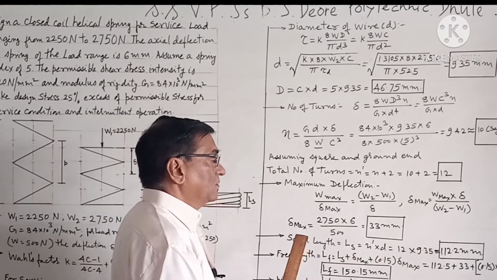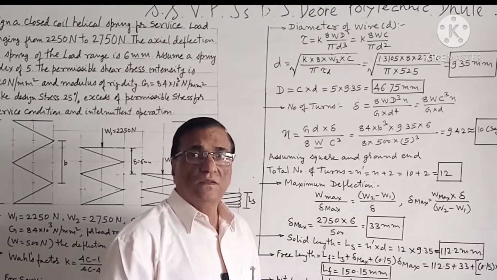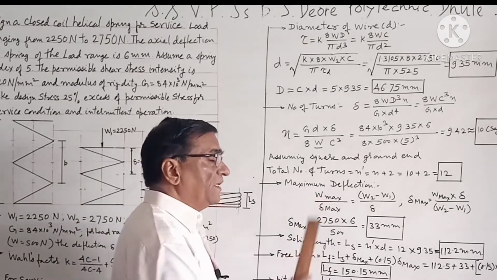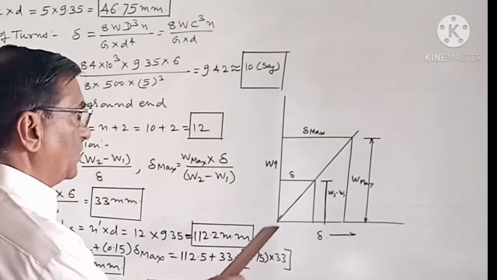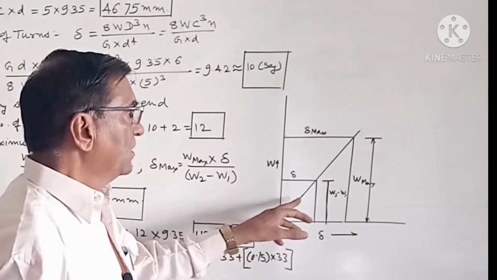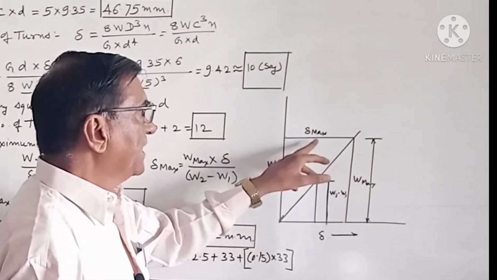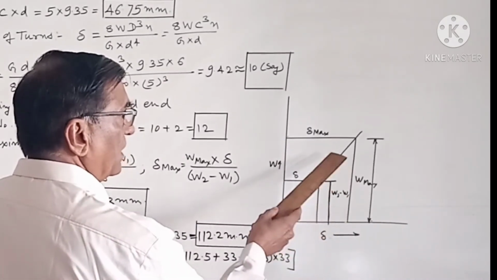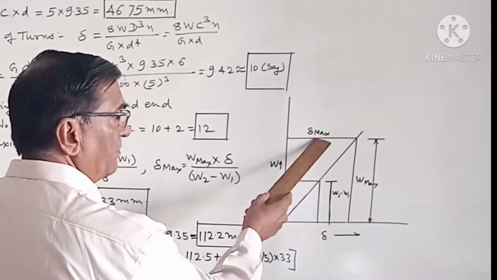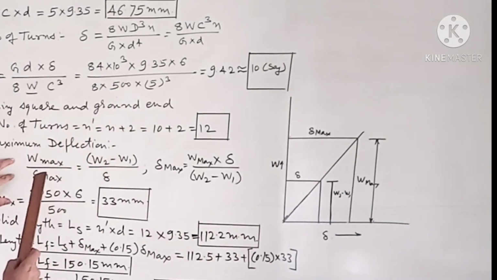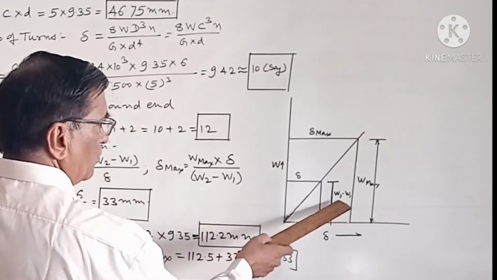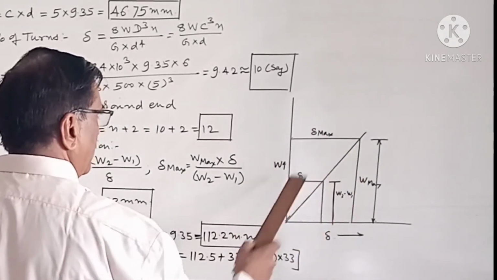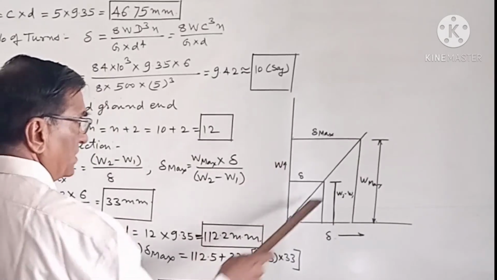Now in order to determine the maximum deflection, the ratios will remain constant. This graph shows that the ratio of W and delta remains constant. So W maximum upon delta maximum will be equal to W2 minus W1 upon delta. From this graph it is clear, because the graph is of this nature.